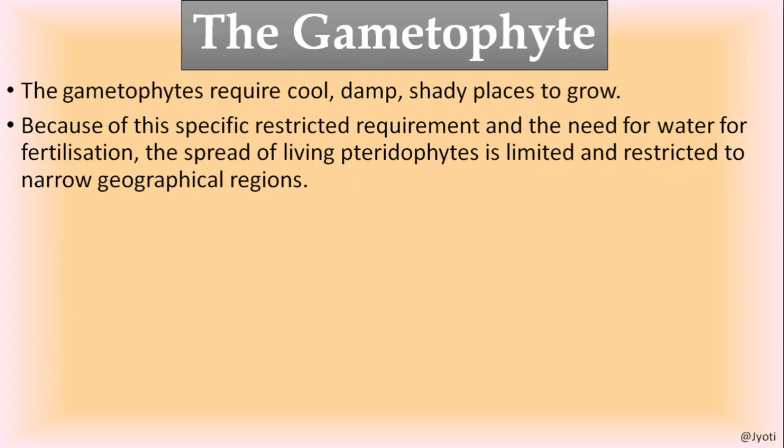This requirement is very restricted. The spore may not find such conditions everywhere. Because of this specific restricted requirement and the need for water for fertilization, the spread of living pteridophytes is limited and restricted to narrow geographical regions.